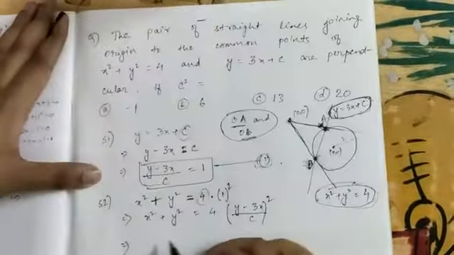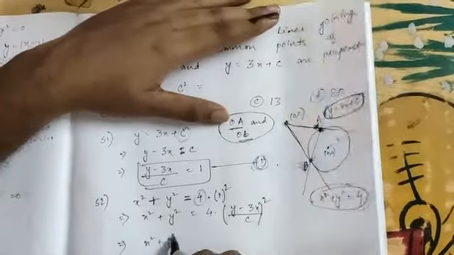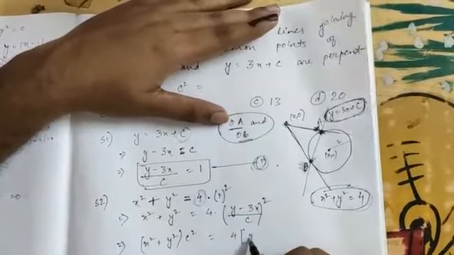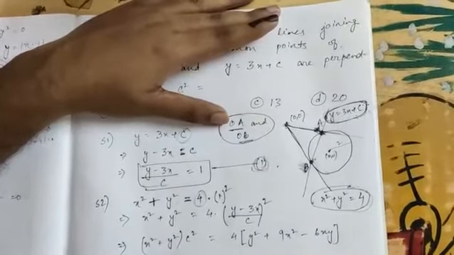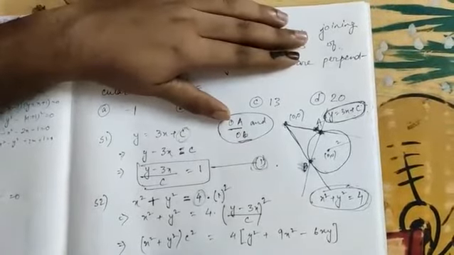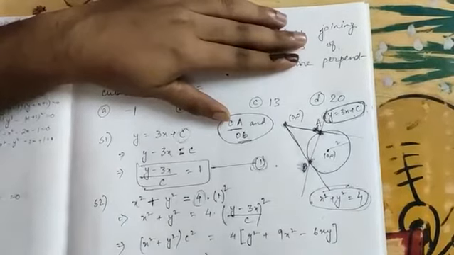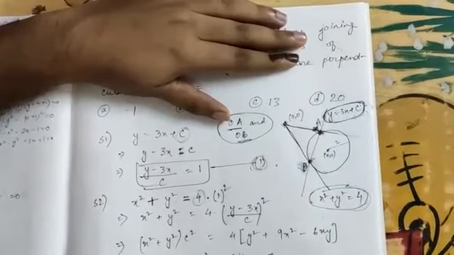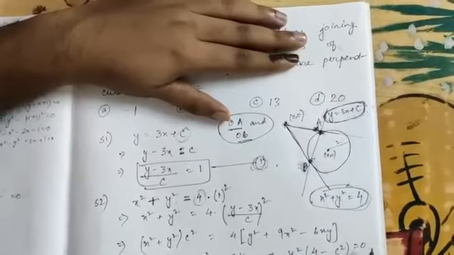Okay, so solving this equation, I can get x square plus y square into c square is equal to 4 into y square plus 9x square minus 6xy. From here I can get x square into 36 minus c square, I am jumping one step here, minus 24xy plus y square into 4 minus c square equal to 0.